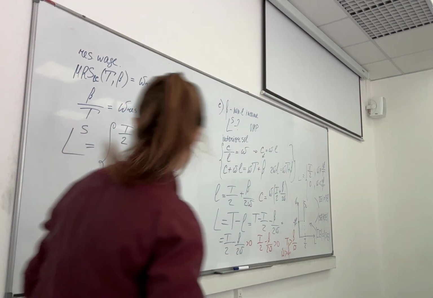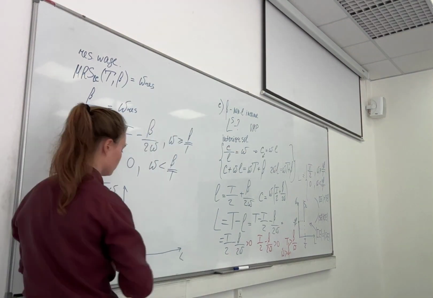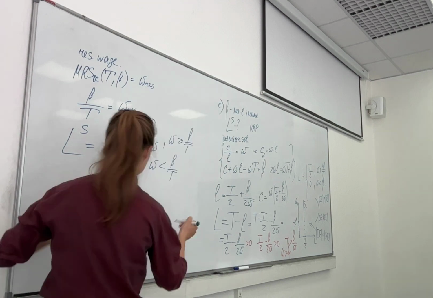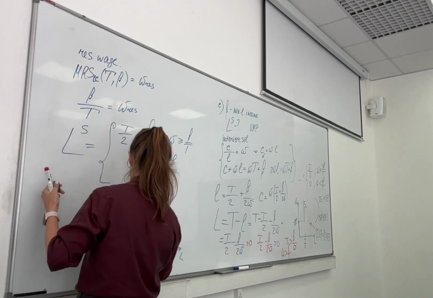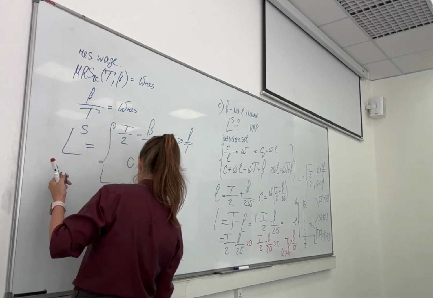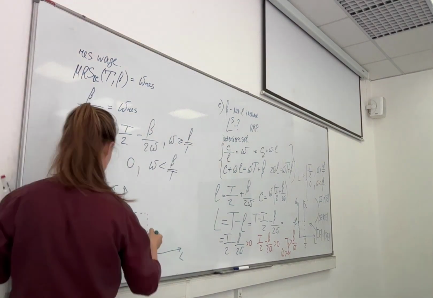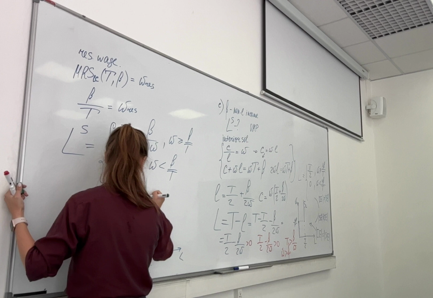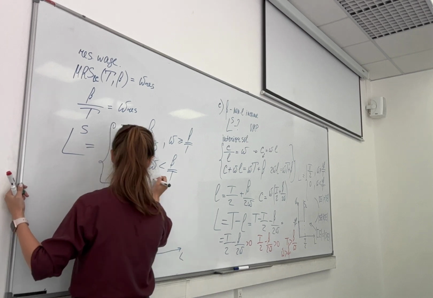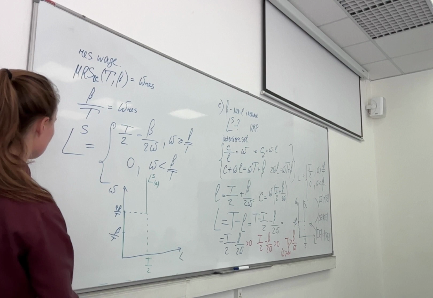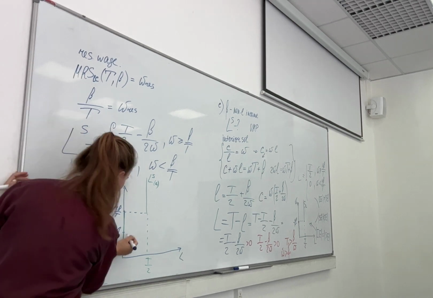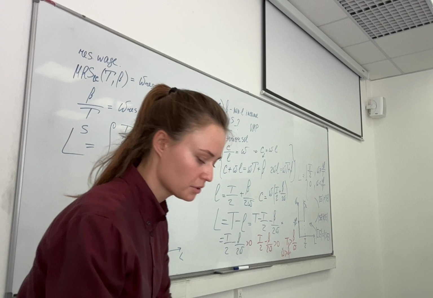And first of all, let's draw the previous one. Previous supply, please, it's easier. T over 2. You can use your previous graph. Point A. And what's now? Now, what do we have? We will not work at wages lower than the new reservation wage.